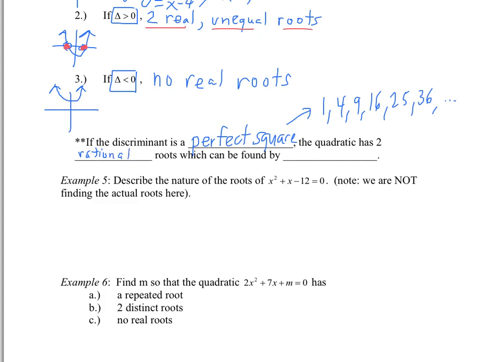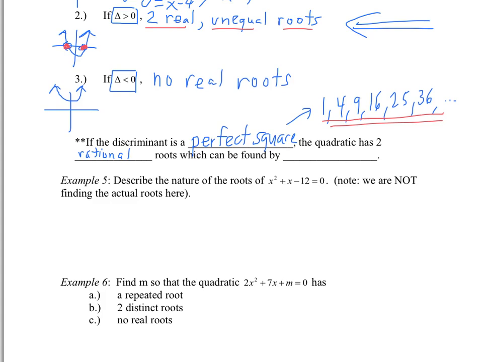So we're talking about the second case back up here where your discriminant is greater than 0. So if it ends up being one of these perfect squares, we're going to have rational roots, which is the opposite of irrational roots.